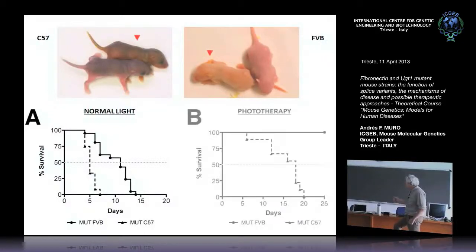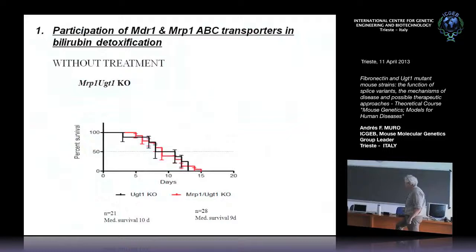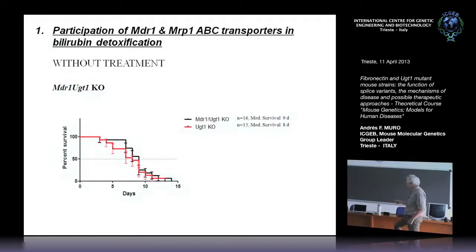And if we treated those albino animals with phototherapy, they all survive, while the black animals didn't survive. So we changed the genetic background to this one, and we did the double knockout with MRP, and we observed no difference without any type of treatment. We did the same thing with MDR, and we saw no difference.